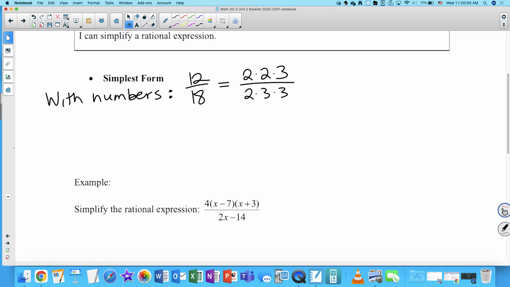And simplest form is essentially when you find an equivalent rational number where there are no common factors in the numerator and denominator.